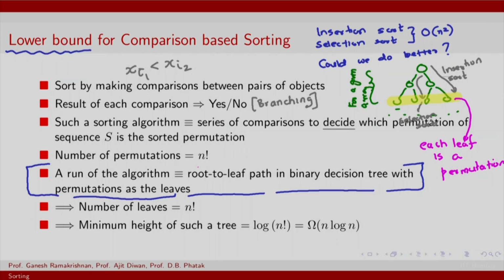The number of permutations is n factorial, therefore we have n factorial leaves. The number of leaves is n factorial because the number of permutations happens to be n factorial.